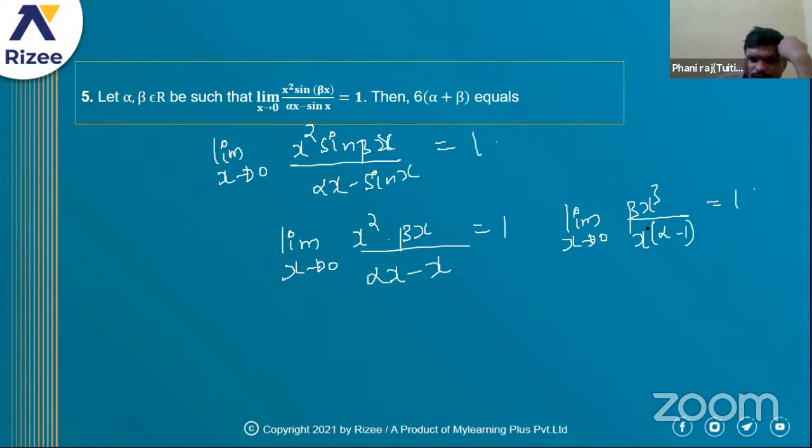Cool. Now you see, for this to even be defined, it should be of the form 0 by 0, right? Otherwise, if the denominator is not 0, only the numerator is 0, the limit would be 0. So the denominator must be 0, and then you get the 0 by 0 form, you can do something.